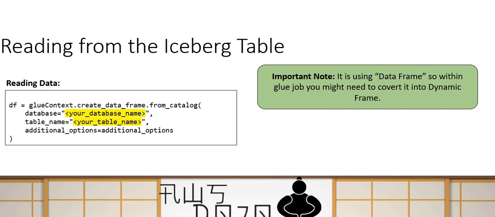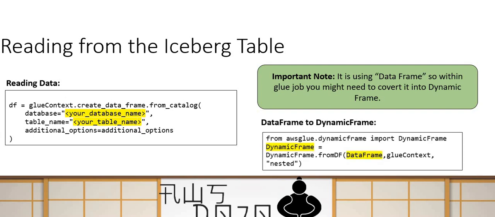But in this case, what you see here, you get a data frame, not dynamic frame. So in your Glue job, depending on what business logic you want to implement, you will see a requirement where you have to convert this data frame you read over here to a dynamic frame.